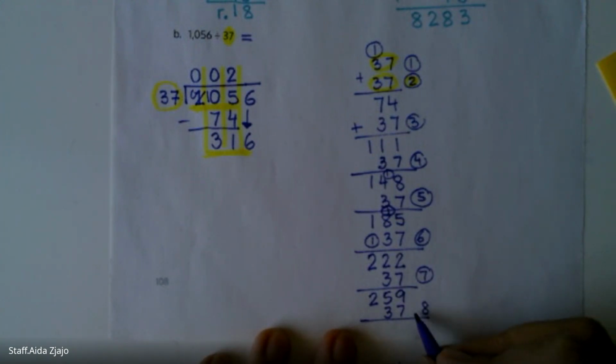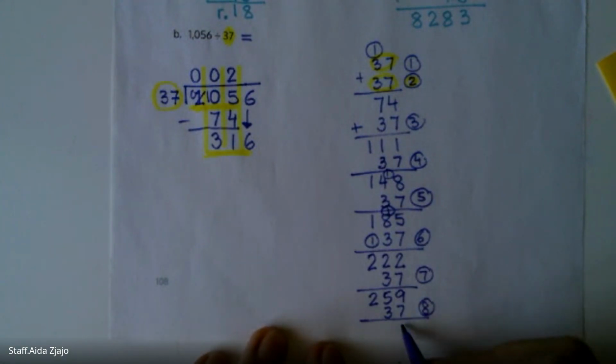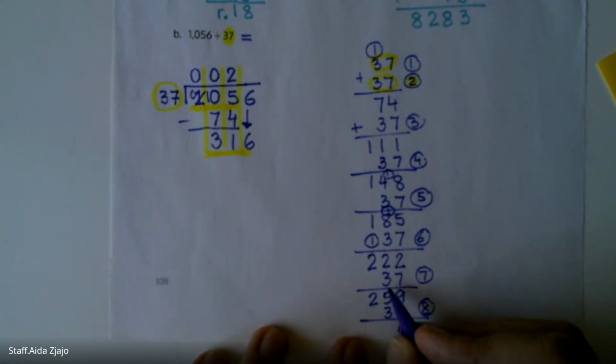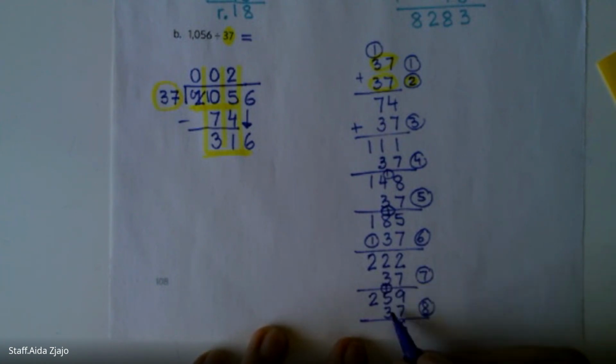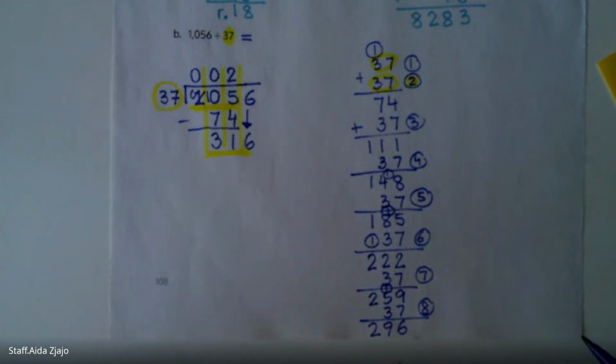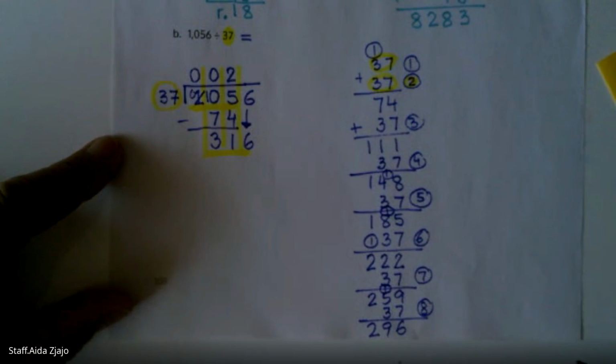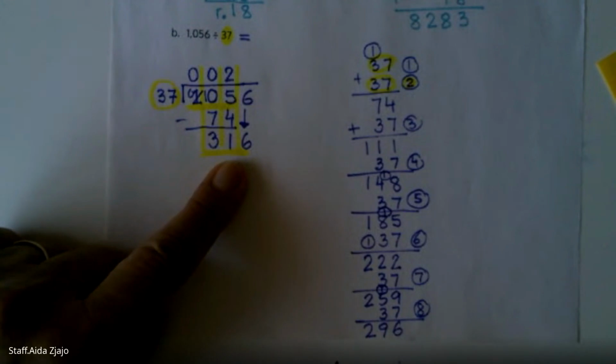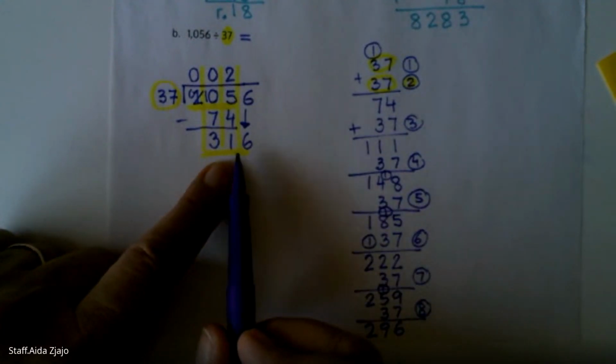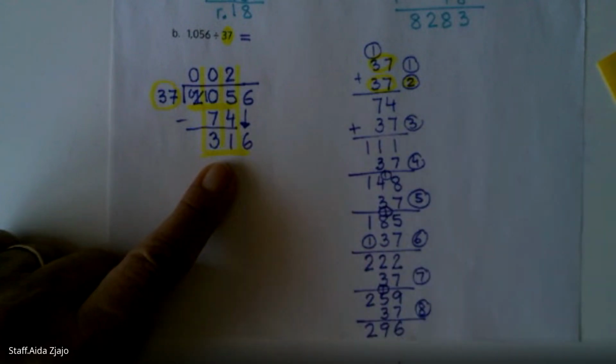And that is 8, 16. Remember 1. That is 6 and 3, 9, 296. And that is how far I can go, because if I go one more 37, it would be too much. I will go above 316.